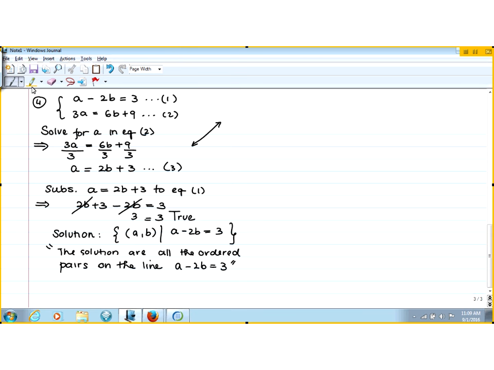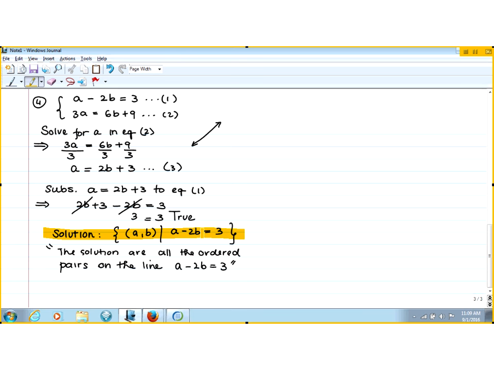That's what it says. But you have to be able to write it mathematically. So if you write it mathematically, it's going to look like this. All the ordered pairs (a, b) such that they fall on this line.